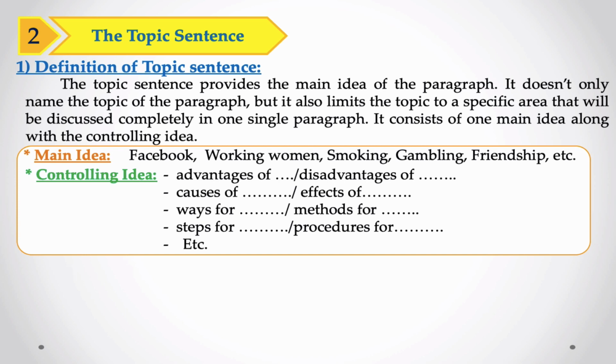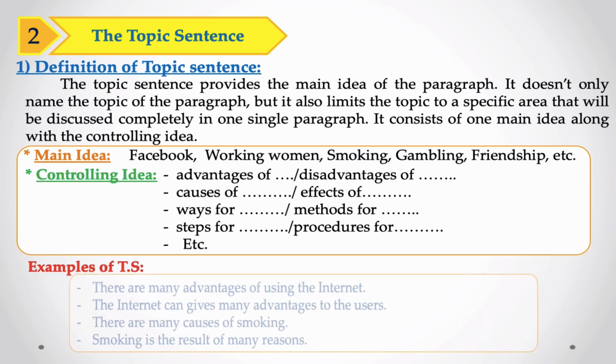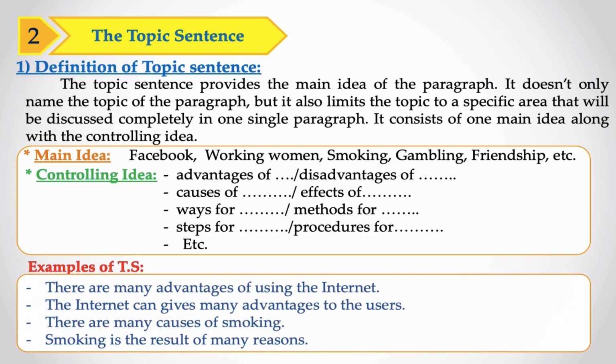Let's have a look at the following topic sentences. Try please to tell me what the main idea and controlling idea of each topic sentence are. There are many advantages of using the internet. So here the sentence started with the controlling idea, which is "many advantages of", and ended up with "using the internet" as the main idea.